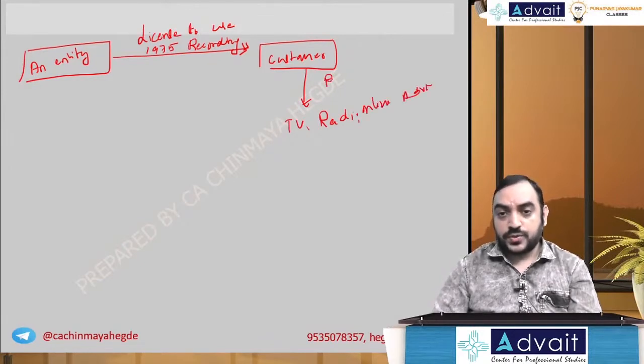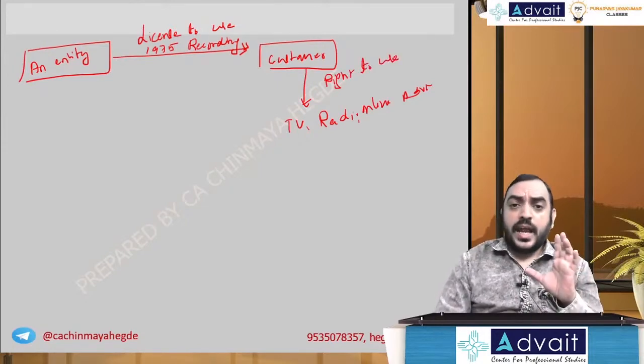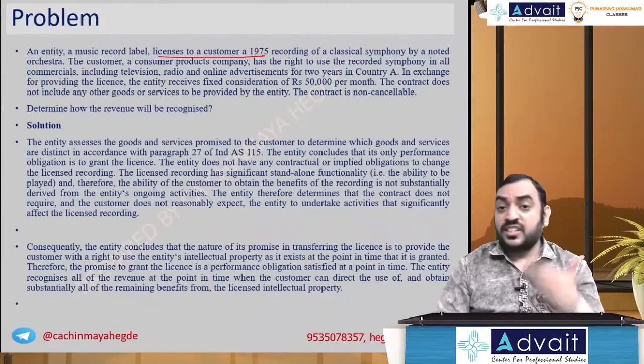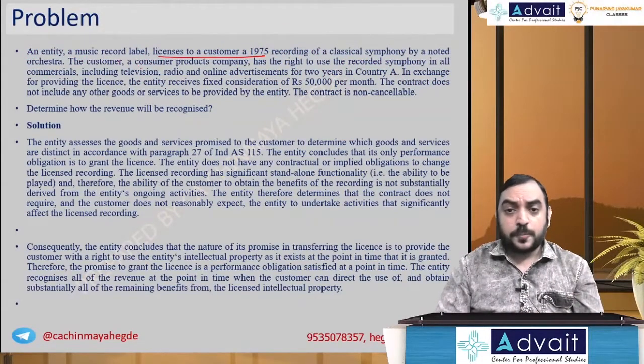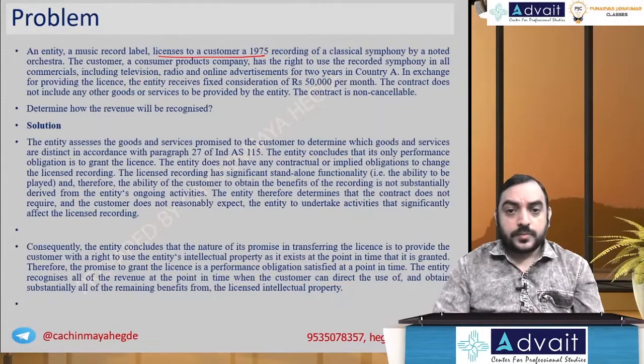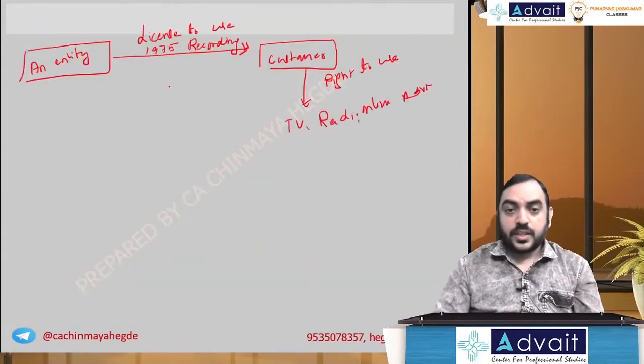And for how many years? Not forever. For a consideration of 50,000 per month, for 2 years in country A. This is for 2 years and 50,000 per month.